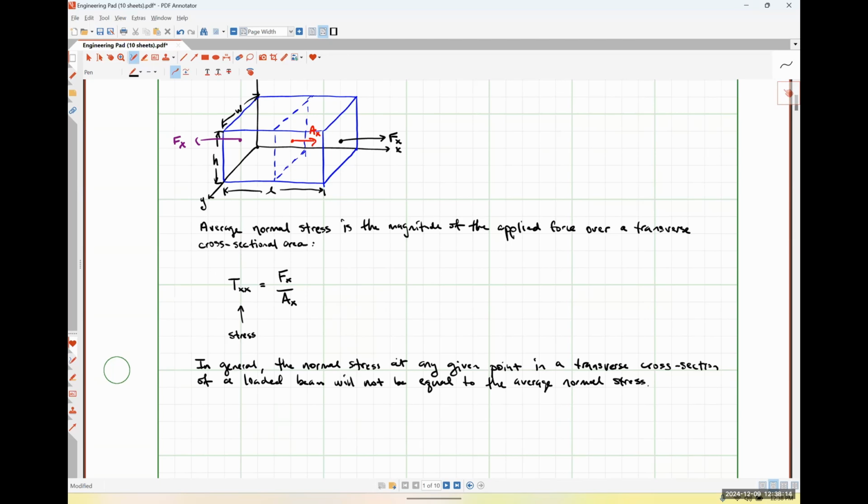Okay, so now let's consider a beam loaded differently.